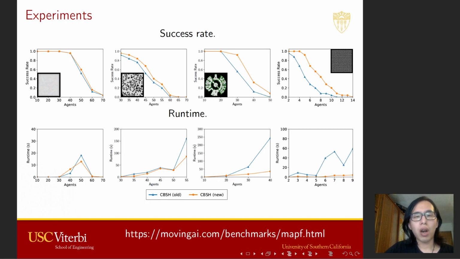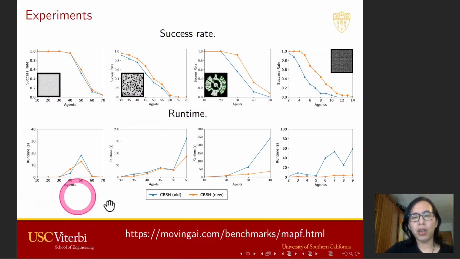Here, we show our experimental result on 4 different types of maps from the MAPF benchmark. The 4 pictures above show the percentage of solved instances by these 2 solvers within the time limit of 5 minutes and with different numbers of agents given.